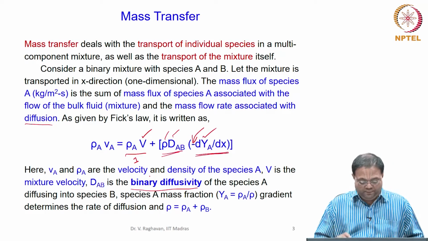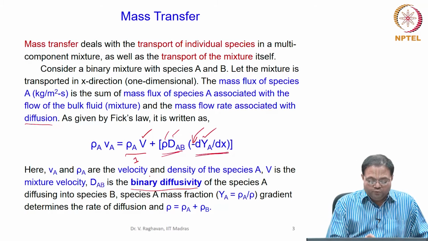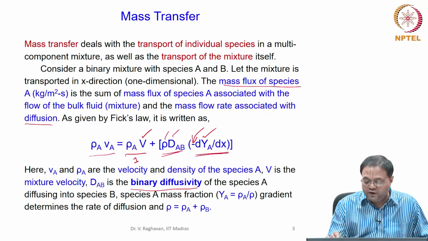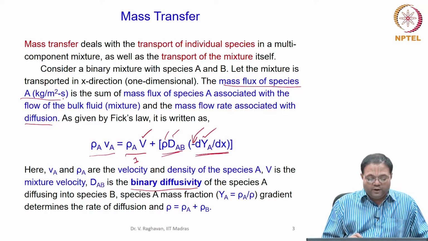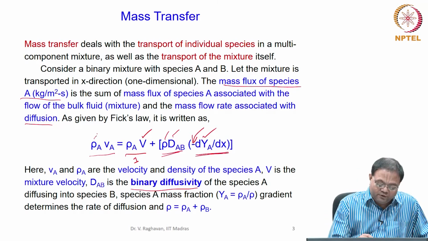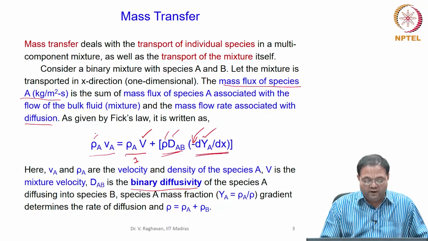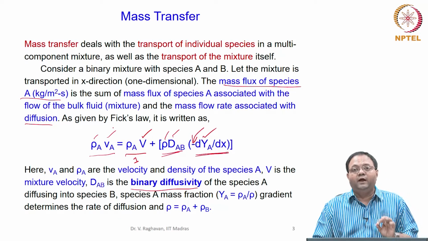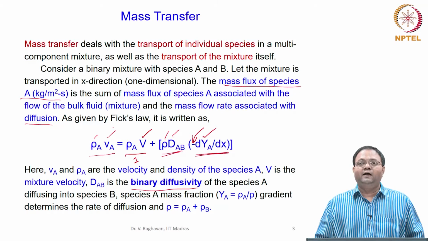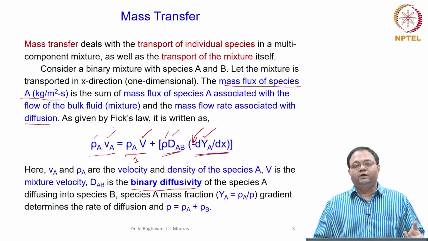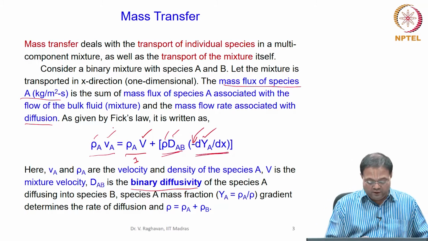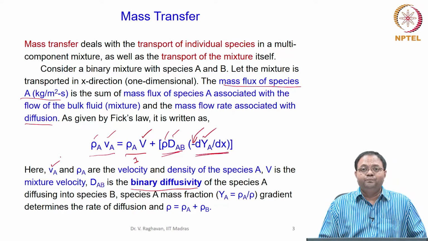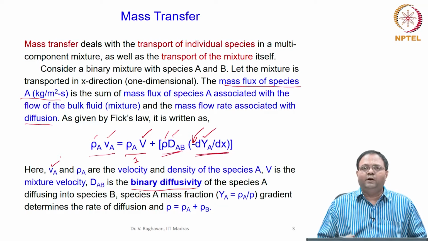Now the left hand side represents the mass flux of species A. That is the density of species A, rho A, multiplied by the velocity of species A, VA. Now we have to understand that I am introducing one more velocity called the species velocity. So VA is called the species velocity, and rho A is the density of the species.